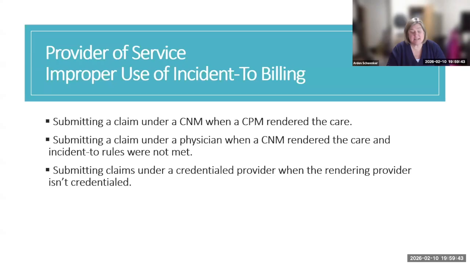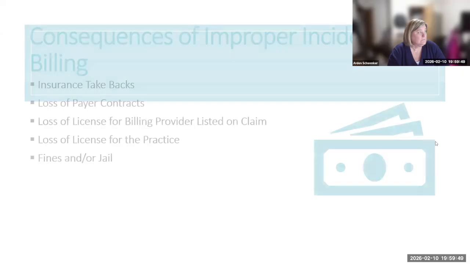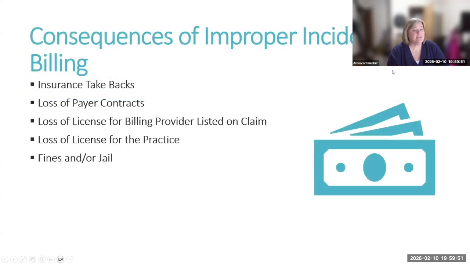And in most states, a CPM cannot be credentialed with the payers. Consequences of improper incident to billing: insurance takebacks, loss of payer contracts, loss of the license for the billing provider listed on the claim, loss of the license for the practice, fines, or jail.